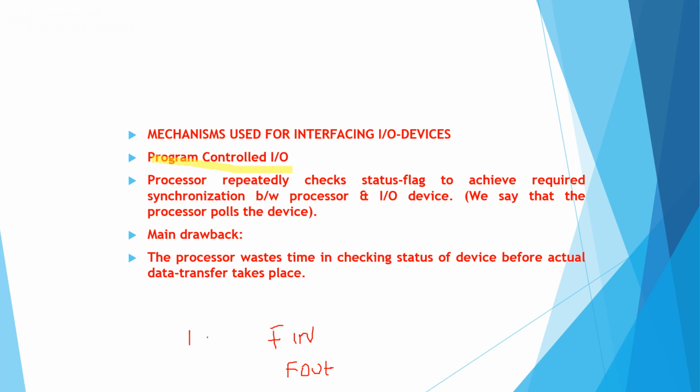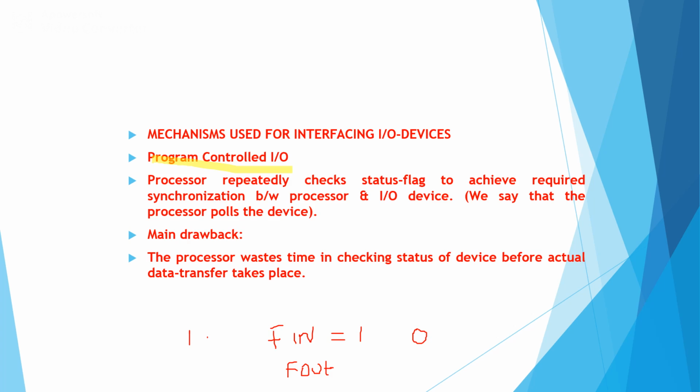If the status flag register FIN is set to 1, it indicates that a character is entered to the keyboard, and once the processor reads the character, FIN will be set to 0 again.